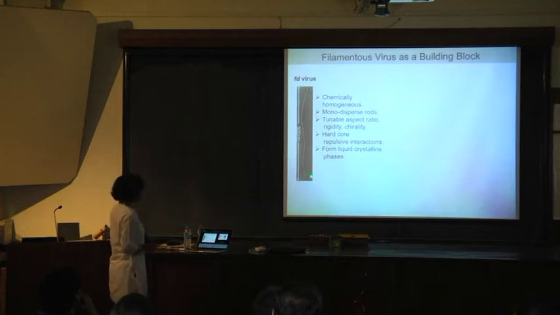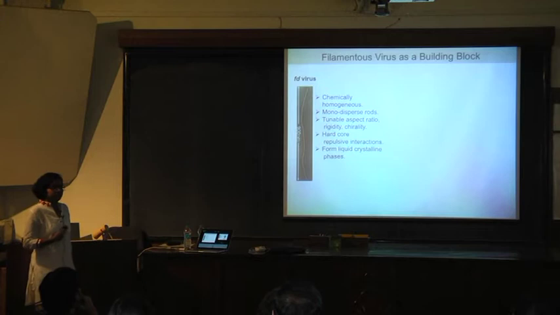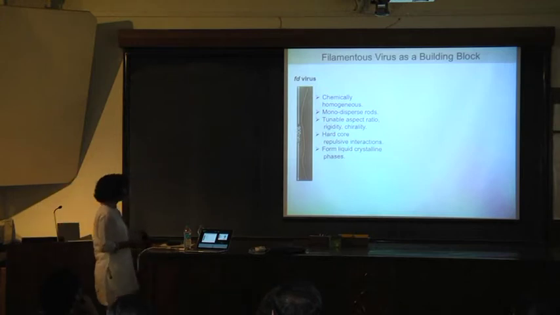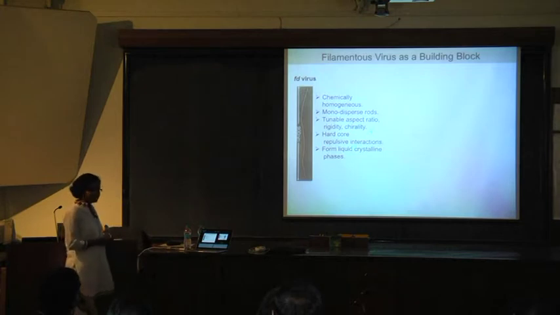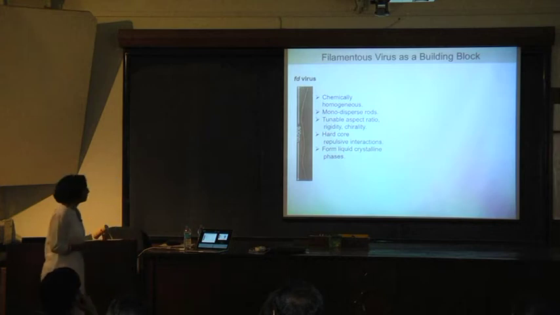And these are chemically homogeneous, so it's the exact same protein all over the rod. They're highly monodispersed because they are viruses, and we have a library of them where we can change their aspect ratio, rigidity, and chirality, and I'll describe what chirality in this context means.